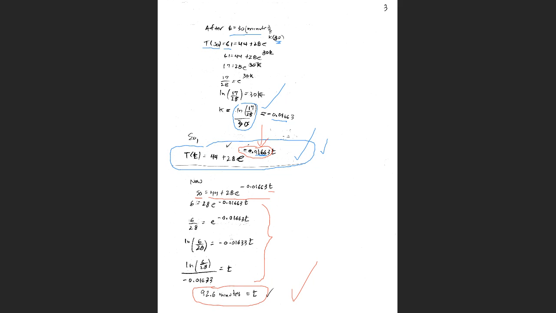Okay, well now let's convert it to hours then. And so if we want to convert to hours, I think you can convert minutes to hours. The soda pop will cool to 50 degrees after about 1 hour and 33 minutes.